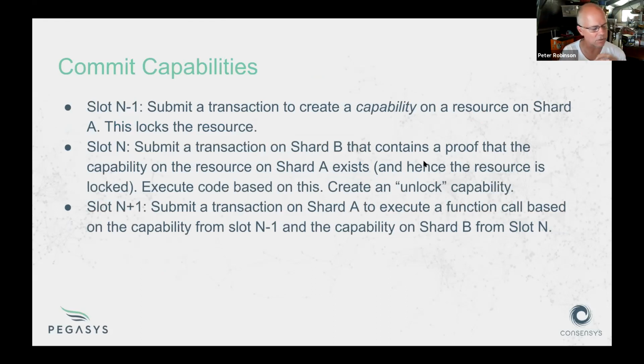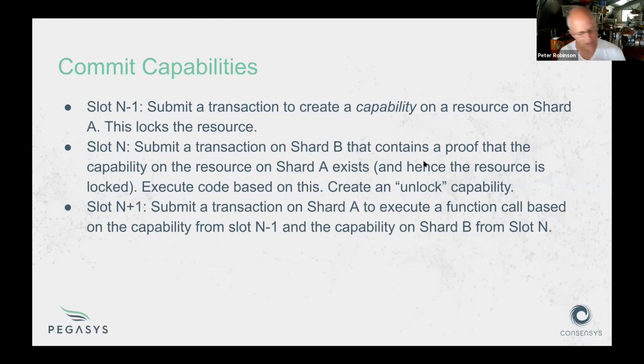And so the idea is you submit a transaction on a shard in a slot, and it creates a capability on a resource. And that capability might be some aspect of it. Trying to actually understand, reading the words in the post, what those aspects might be was a bit confusing, but I think it might be, say, the hotel room has been booked. That could be, say, a capability. And so when you're getting this capability, you're locking the resource.